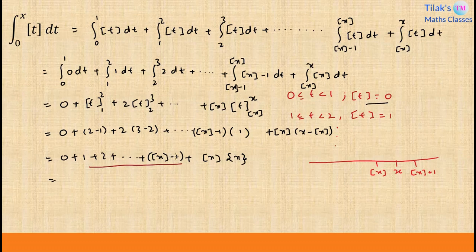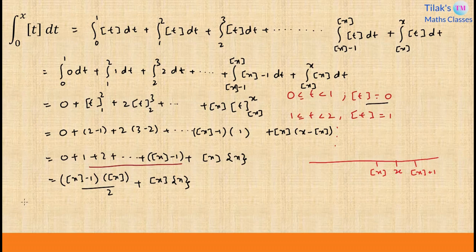We know the sum of n natural numbers is n into n plus 1 by 2. We will apply that formula. Here n is greatest integer of x minus 1. So, n into n plus 1 by 2 gives us greatest integer of x minus 1 times greatest integer of x minus 1 plus 1, which is greatest integer of x, by 2 plus greatest integer of x times fractional part of x.